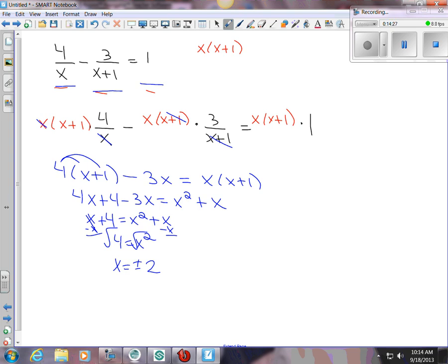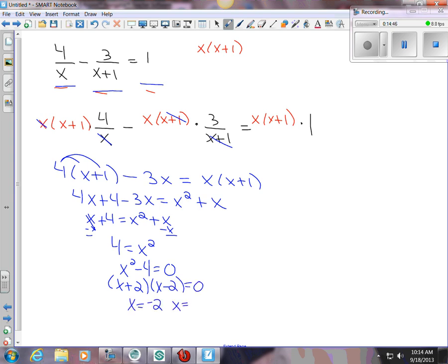So the other way you could have done this, instead of taking that square root, was we could have continued to get everything to one side. Subtract that 4. What happens here? Yeah, factors, x plus 2, x minus 2. So you would get x equals minus 2 and x equals positive 2. Isn't that what we just had with the square root? So that's why you get that plus and minus.